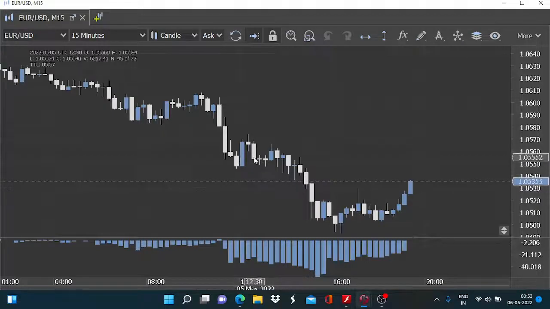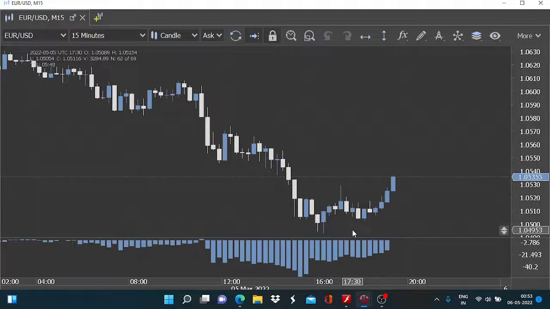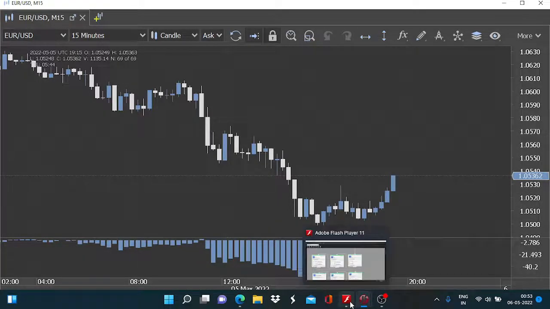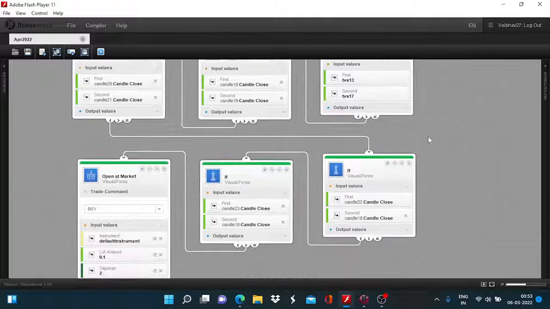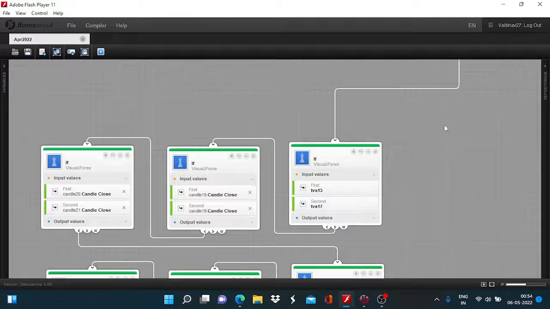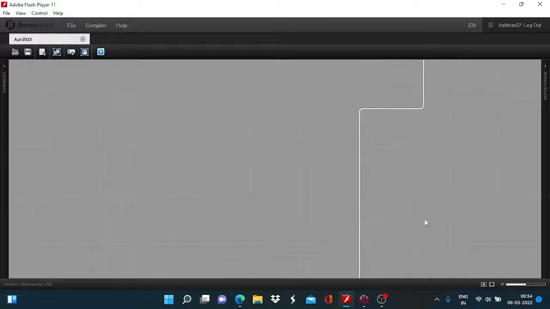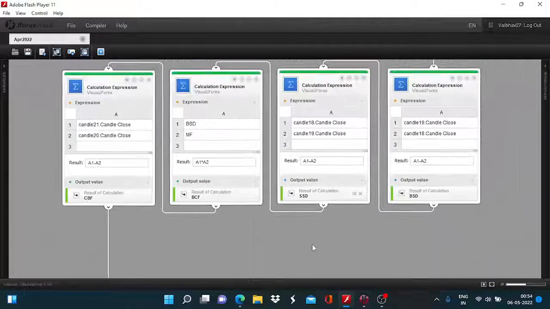And that difference between the two hourly candles should be at least more than 8 times the 15-minute candle difference. So that condition which we had forgotten to add, I will quickly add it, and then I will explain to you what the requirements are for the execution of the sell trade.